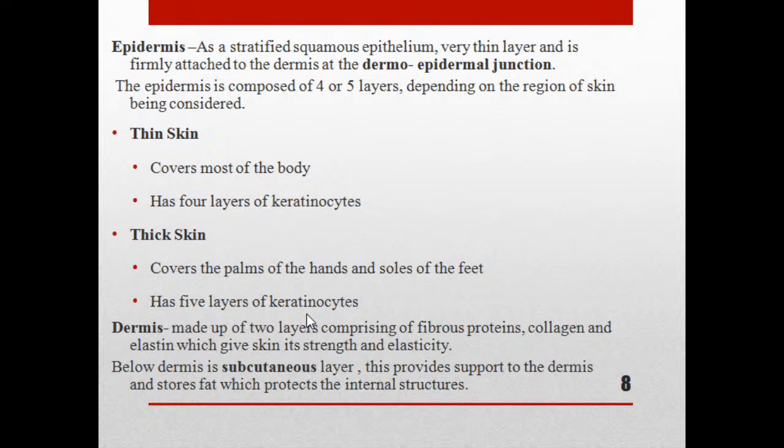Thick skin covers the palm of the hand and sole of the feet and has 5 layers of keratinocytes. Dermis is made up of 2 layers comprising fibrous proteins, collagen and elastin, which give skin its strength and elasticity. Below the dermis is the subcutaneous layer. This provides support to the dermis and stores fat, which protects the internal structures.